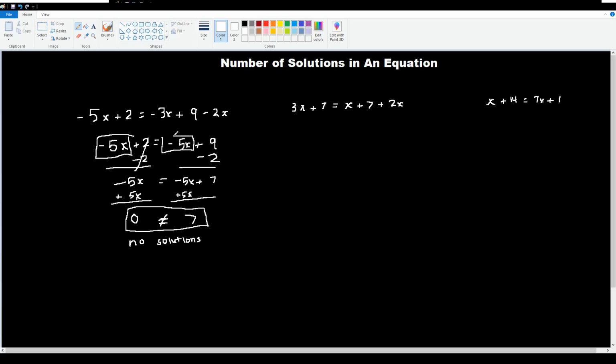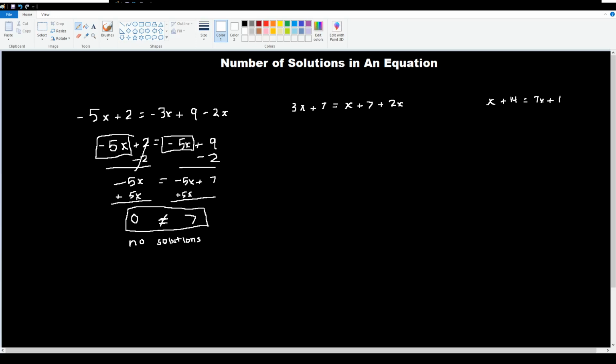Once you see that you have the same amount of variable on both sides but a different constant, plus 2 on the left and plus 9 on the right, you can easily determine that the equation has no solution, because there is no way that 5 of something plus 2 is going to equal 5 of that same thing plus 9.